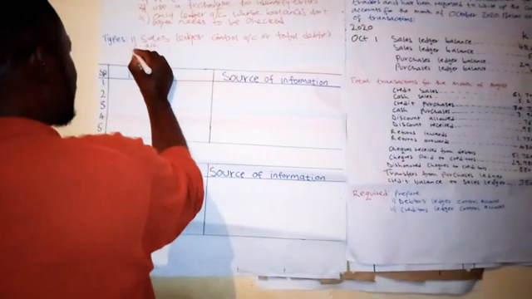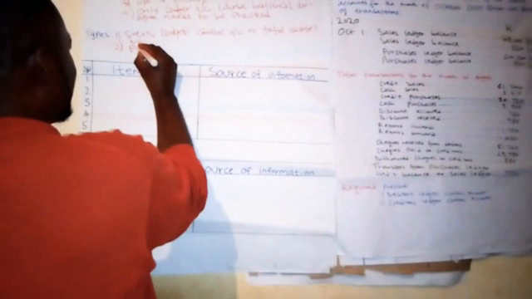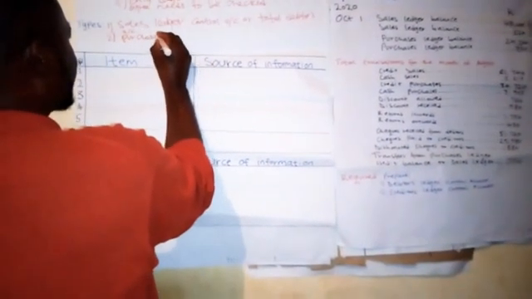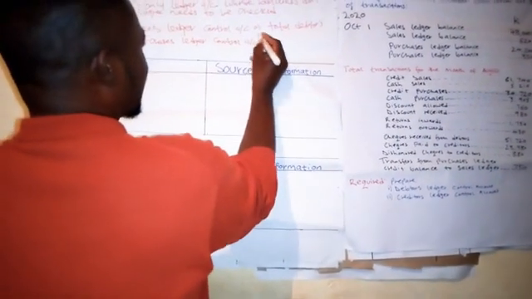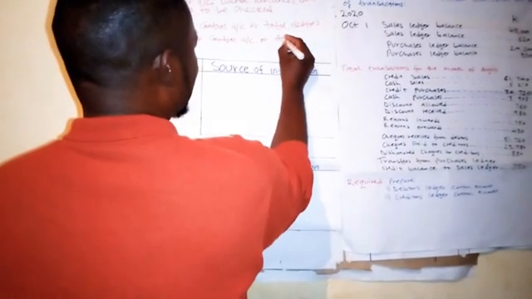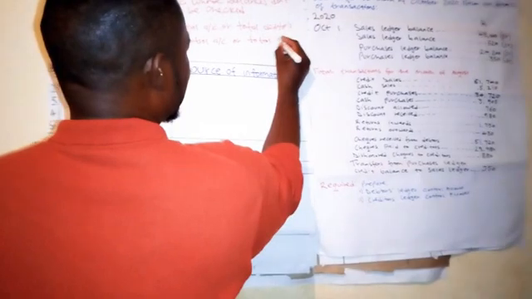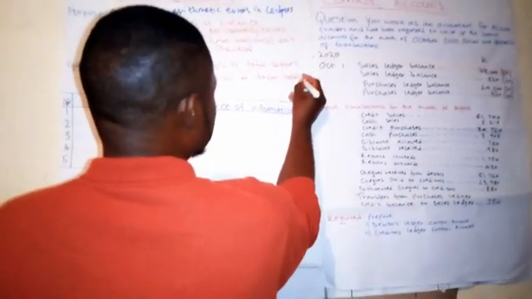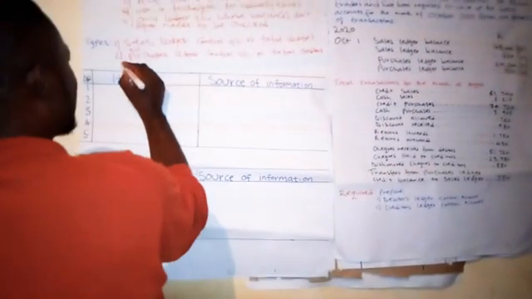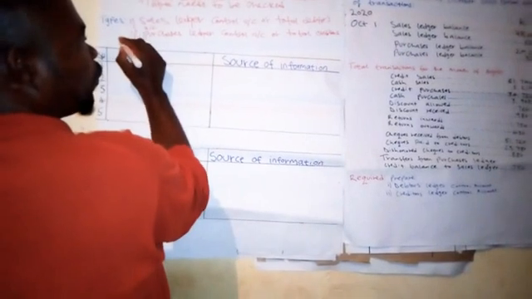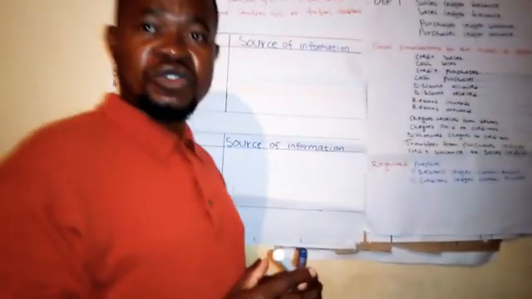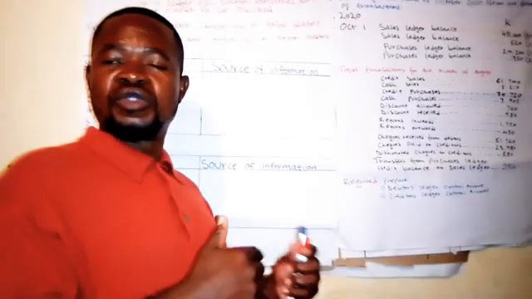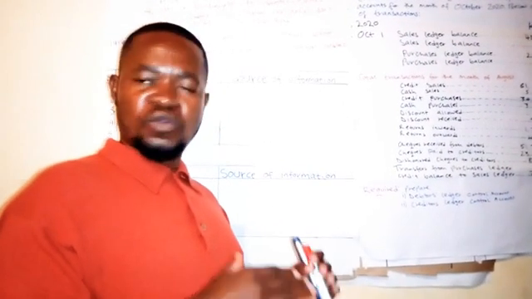Okay, so we can write purchases ledger control account or total creditors account. So these are the two types of control accounts that we'll be looking at.